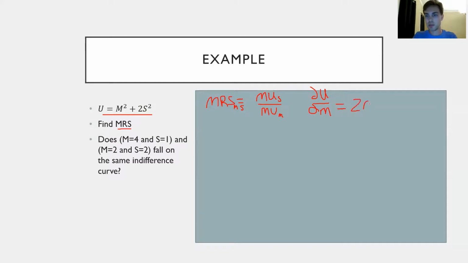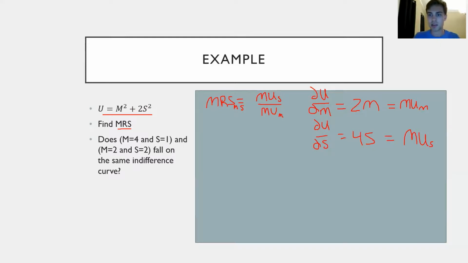We're just going to get 2m as the du dm, or in other words, the marginal utility of m. And then to find du ds, the marginal utility of s, we're going to take the partial derivative of this function again with respect to s. So this is just going to be 4s, and that's our marginal utility of s.